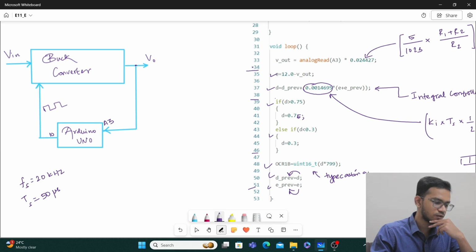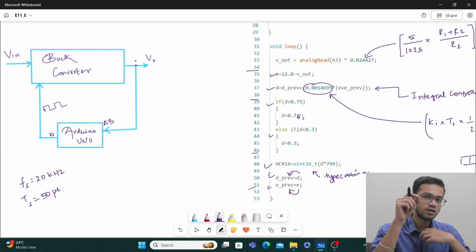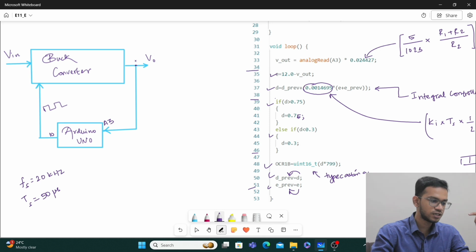So what is the point here? The point here is when I'm saying that I should take my output sample at every 50th microsecond, I'm saying that the time taken for the microcontroller between two consecutive analog reads must be 50 microseconds.